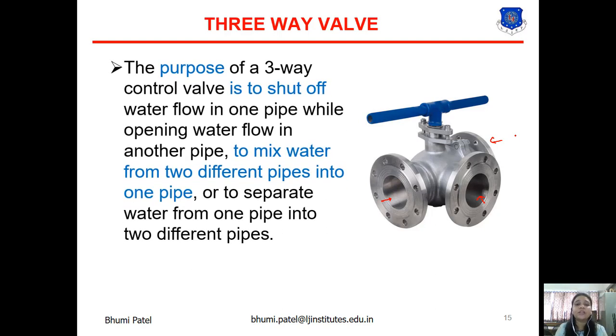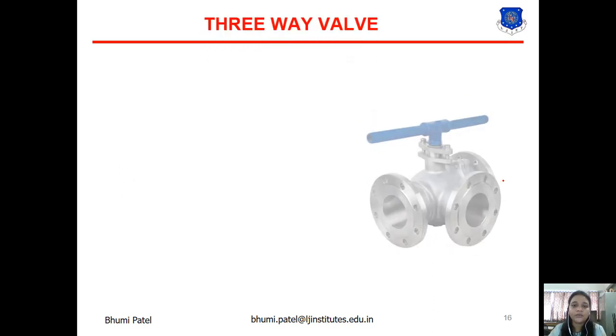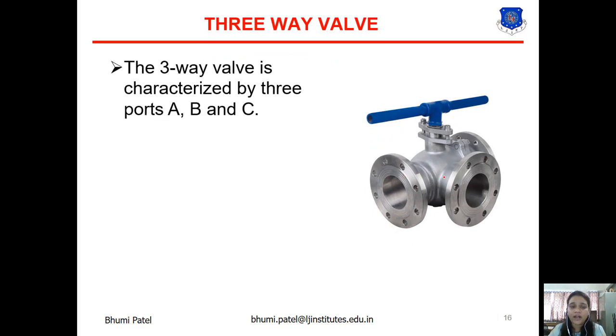The purpose of the three-way control valve is to shut off water flow in one pipe while opening water flow in another pipe, to mix water from two different pipes into one pipe, or to separate water from one pipe into two different pipes. So the three-way valve is used for multiple operations. Here you can see that the three-way valve is characterized by three ports.